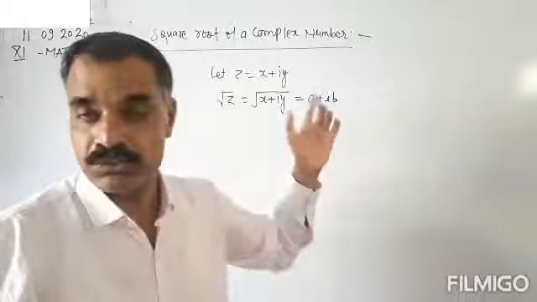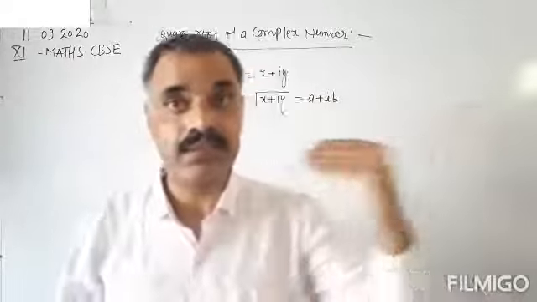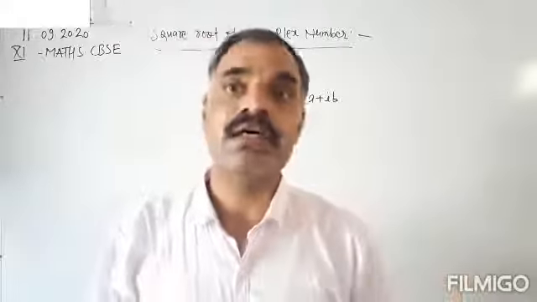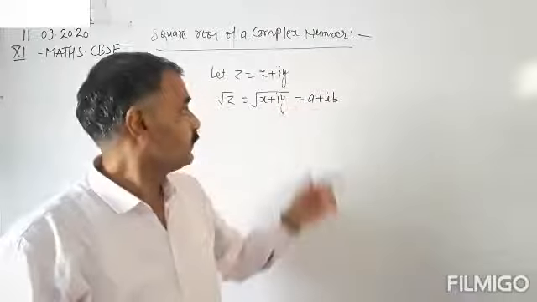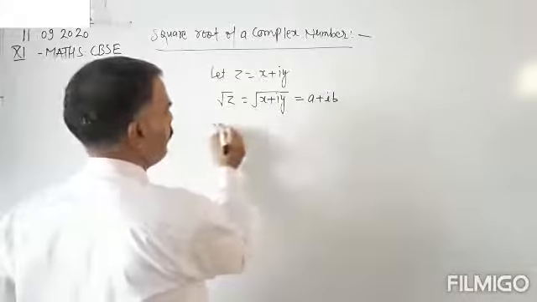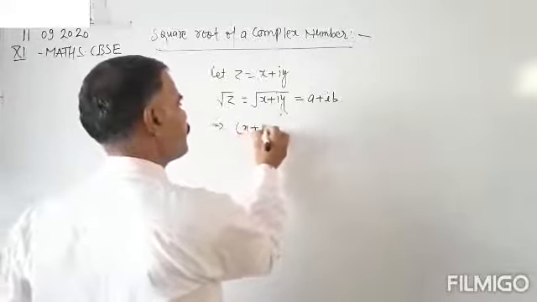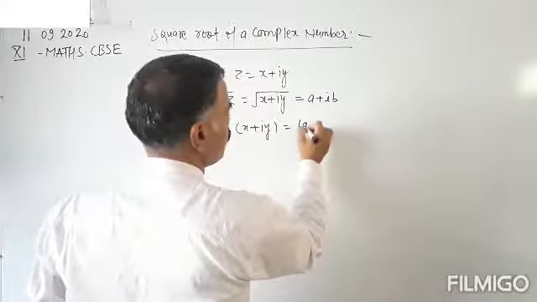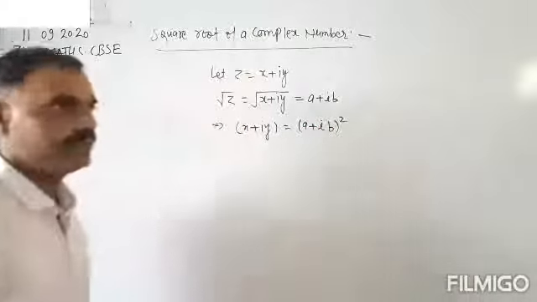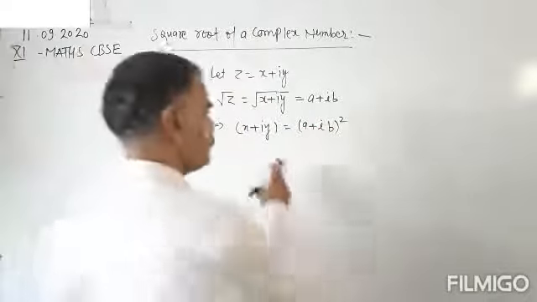So squaring this, we have x plus iota y is equal to a plus iota b whole square.